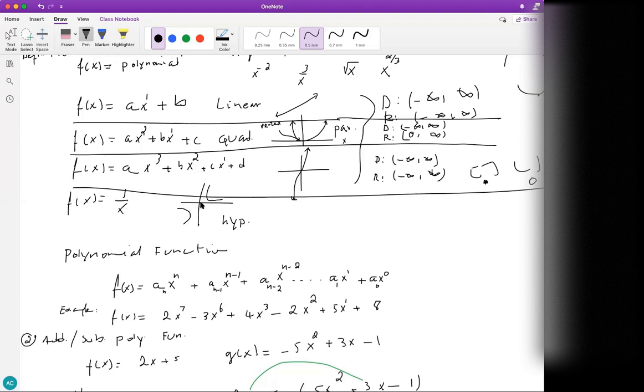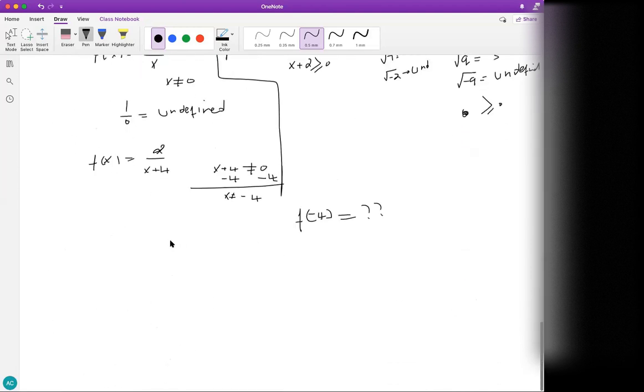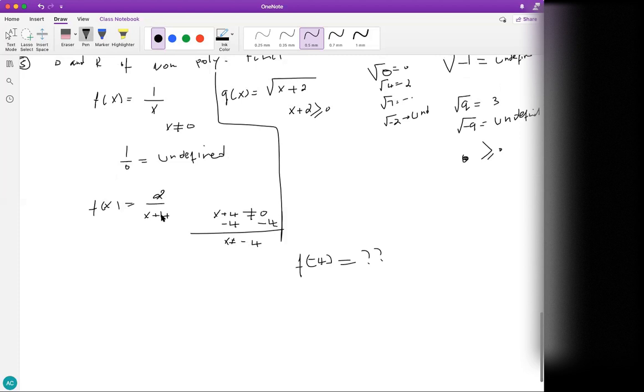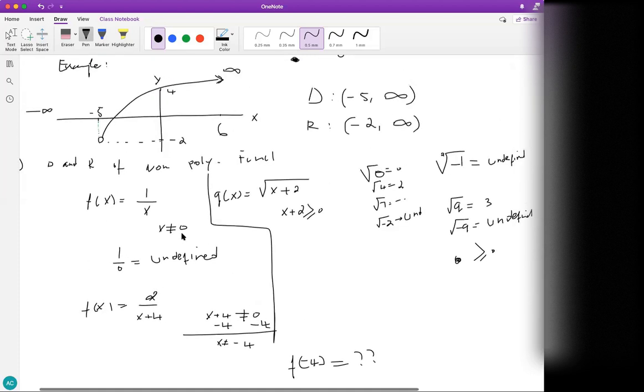Okay, 1 over 0, that's why the graph of this function does not go through 0. These can go through 0, not a problem, but for a function with x in the denominator, there's always one value to avoid, or maybe more values to avoid. At least for this one, it's 0. For this one, the value to avoid is -4, and so on.